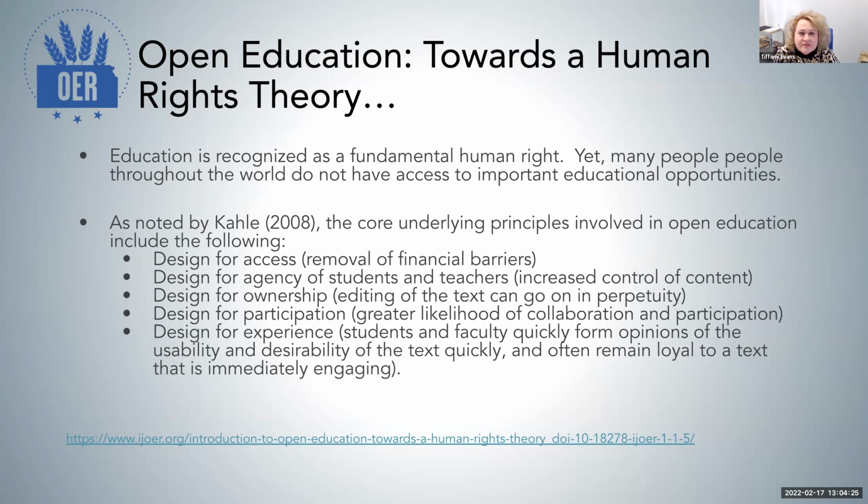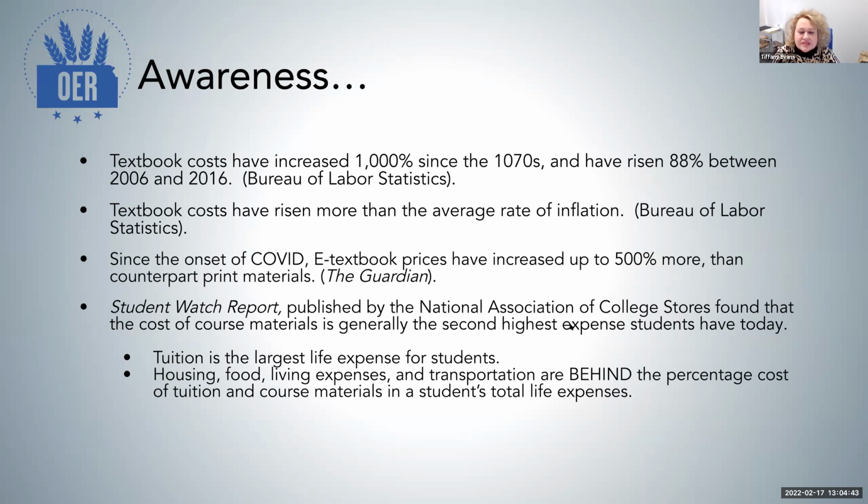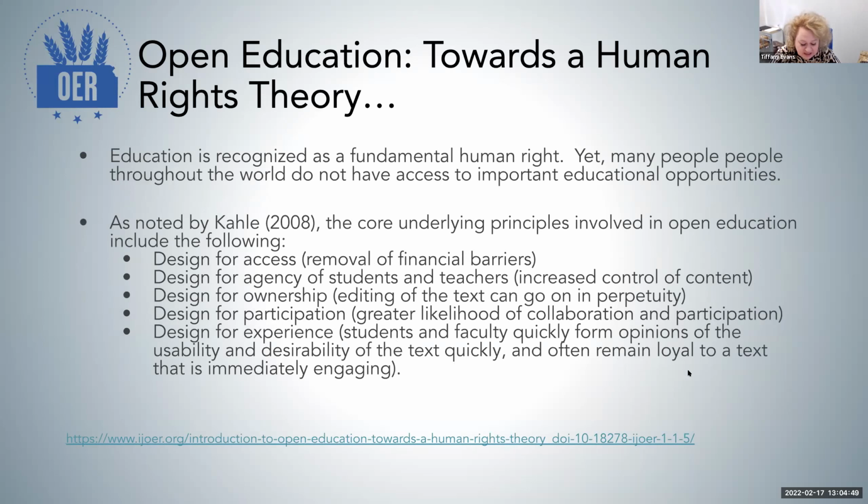There are some very key things when designing for OER. You're designing for access, and what I mean by that is the removal of the financial barriers that often come with it, the physical barriers, anything that's going to impede that access.